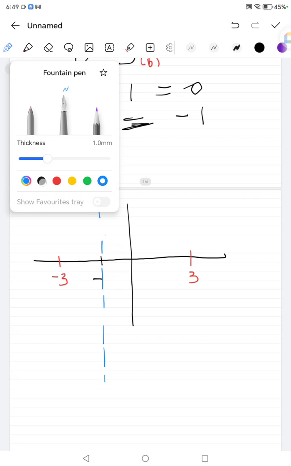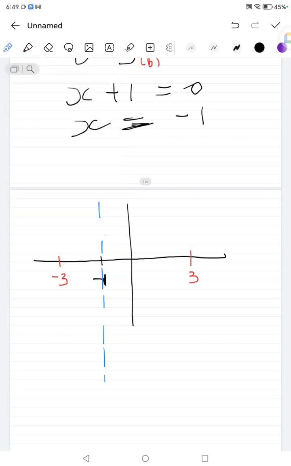So since this one is in the negatives or decreasing, let's just say this one is just going to be an area that's going to be in the valley. It's going to be like this. Then the other one is going to be in the hill, which is going to be like that. You see, the area that's on this side is positive, and the area that's on this side is negative.